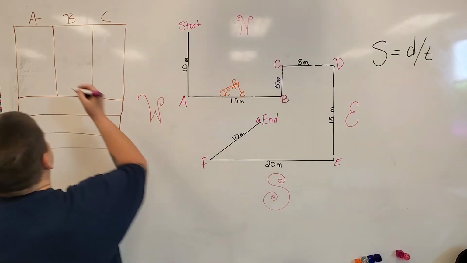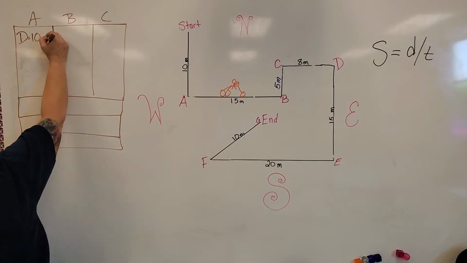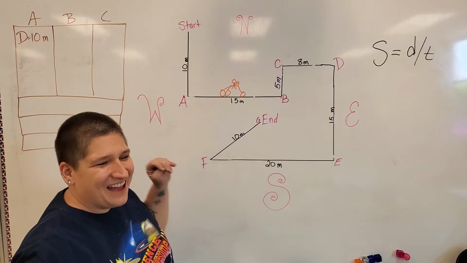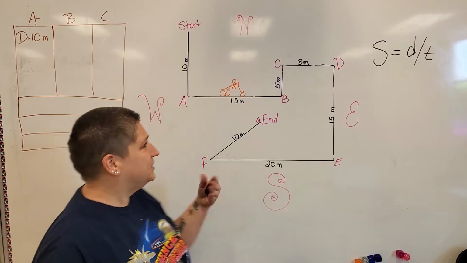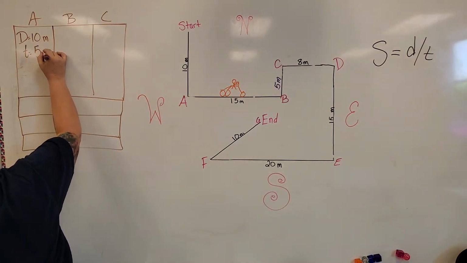So my distance is going to be 10 meters. In my STEM Scopes activity, I'm going to drop that in my chart, but for right now, I'm just going to have it up here. And let's say it took me 5 seconds. So my time is equal to 5 seconds.